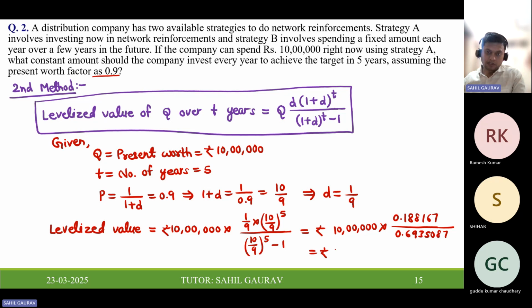So it will be 2,71,027, which is the levelized value.